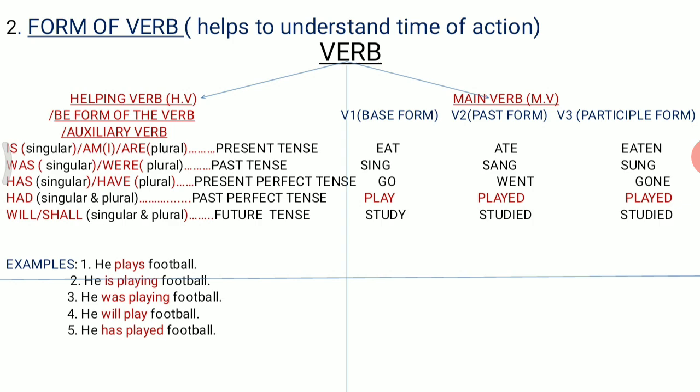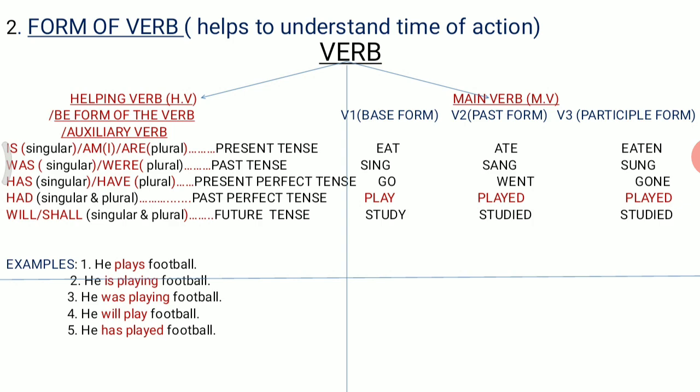So you can understand the importance of the verb to understand tenses. So if you know the three forms of the verb, if you know the meaning and uses of helping verbs, then it will be easy for you to learn tenses. I hope it is going to help you a lot.